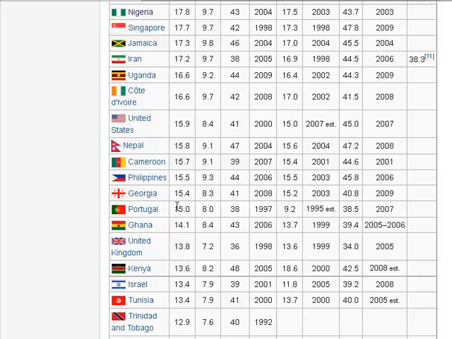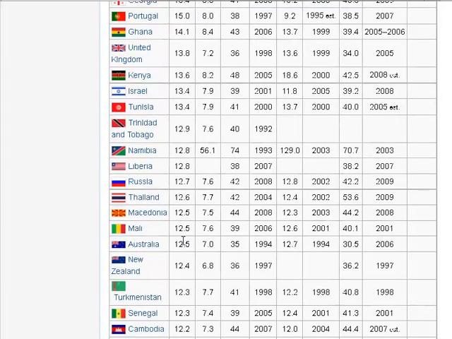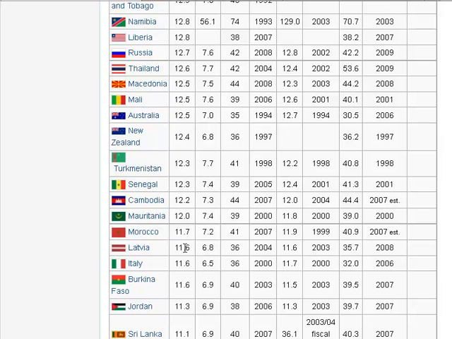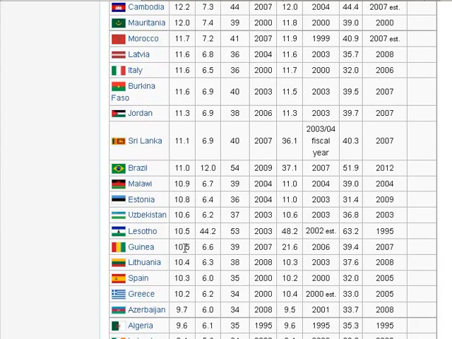That's the first EU country that I saw there. And again, at least it's not Ireland. Australia is 12.5. Still no Ireland. Italy 11. Still no Ireland. Spain 10.